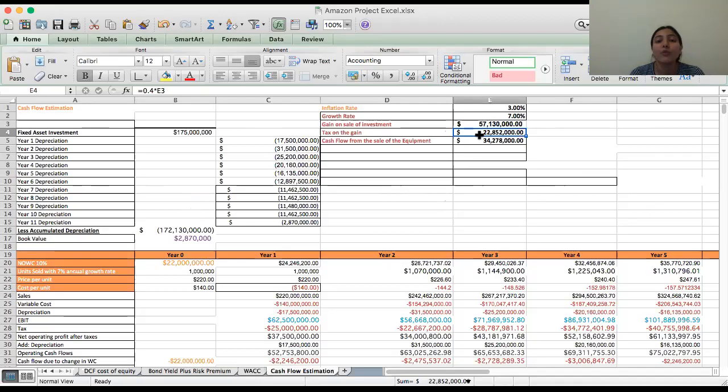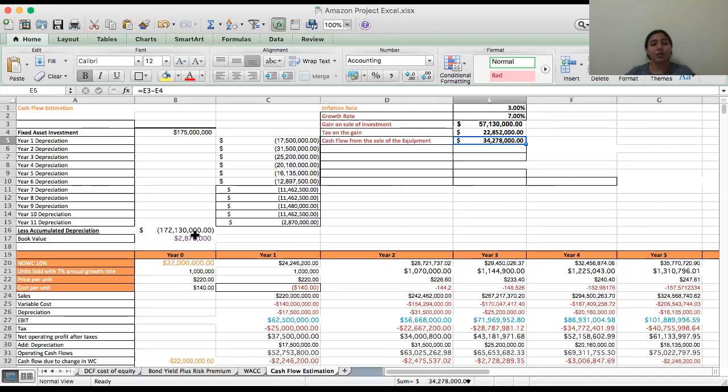Now for finding the cash flow from the sale of the equipment, I have to take the gain on sale of investment minus the tax on the gain. Let me show you this amount. So this is my cash flow from the sale of the equipment.